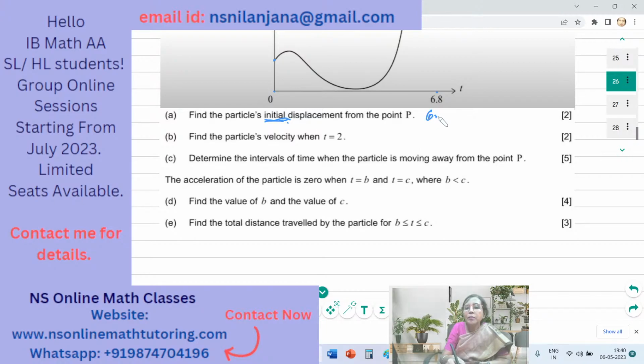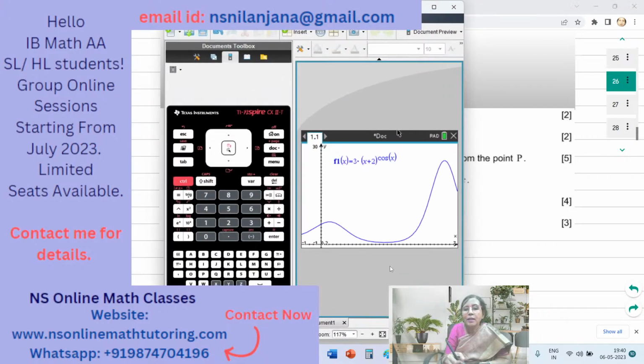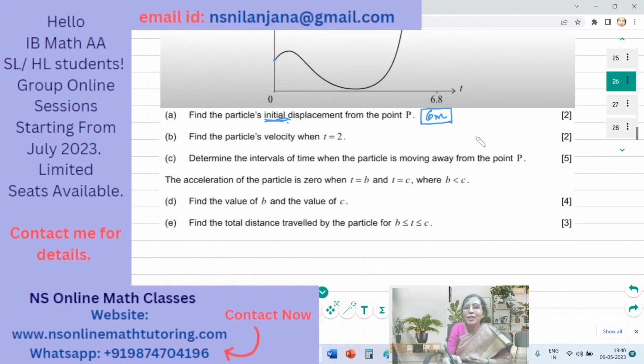I have done the working above, so I'm just writing the answer. Or else, if you just get the 6-meter answer from the calculator, you can see using GDC that the y-intercept is 6 meters. So the answer is 6 meters. Okay.